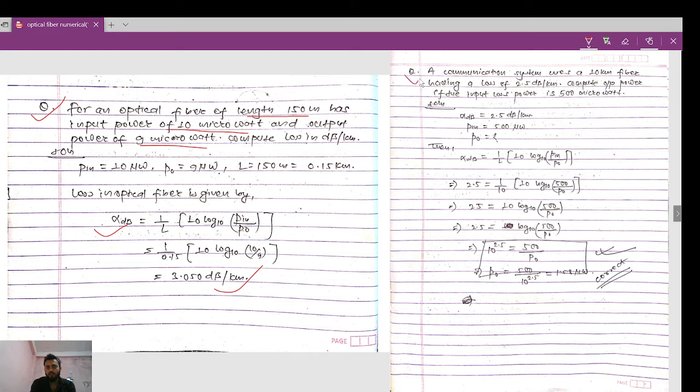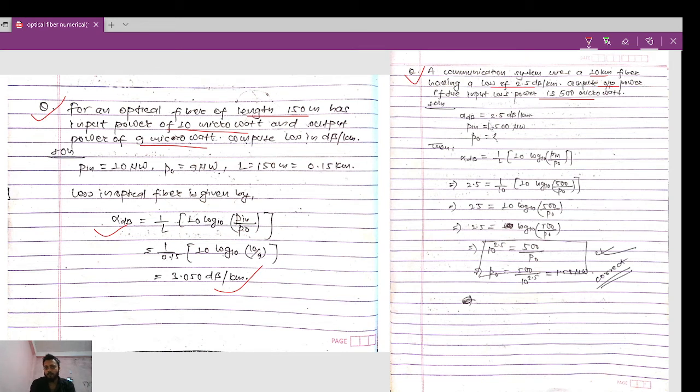Similarly we have a third numerical here. A communication system uses a 10 kilometer fiber. Here we have given length 10 kilometer and the loss is mentioned as 2.5 dB per kilometer. In this question we have to calculate the output power, and here the input power is mentioned as 500 microwatt.